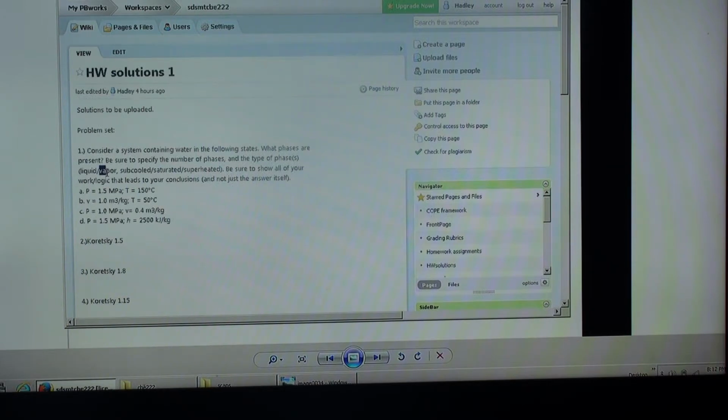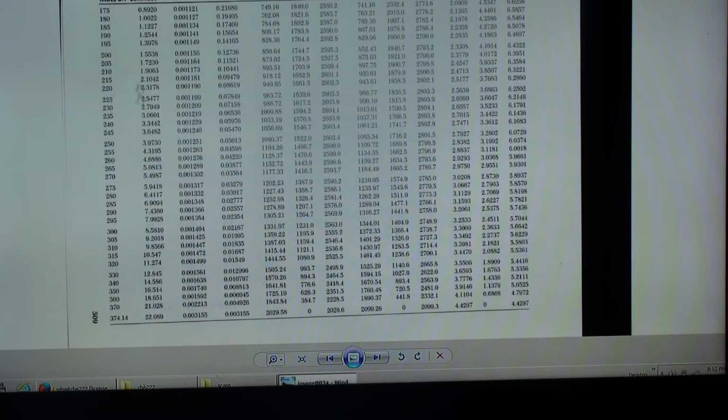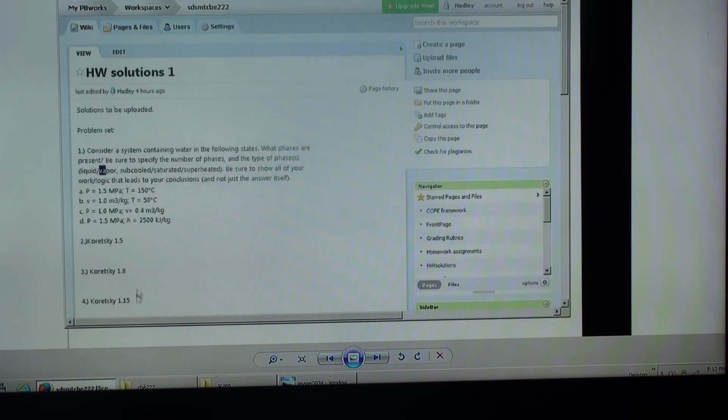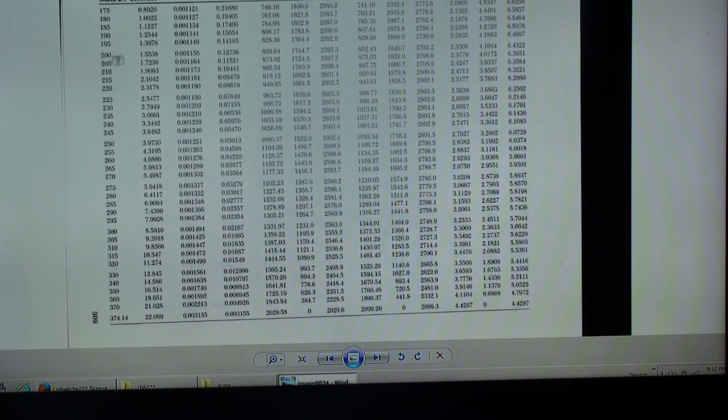Let's look at this last one. 1.5 megapascals and an enthalpy. We haven't really talked about enthalpy yet, but that's what the H is, so we don't need to know what enthalpy is. We're just reading a table. Same thing, let's look for 1.5. It's pretty much between here, closest to 200, and then 2,500.